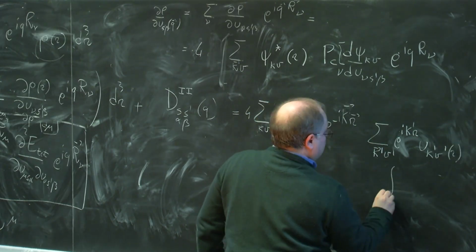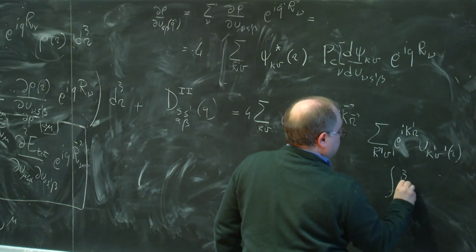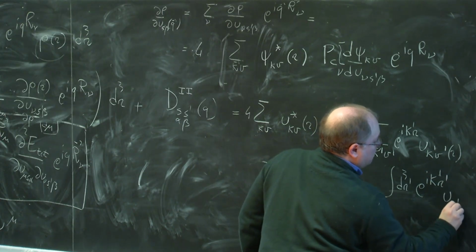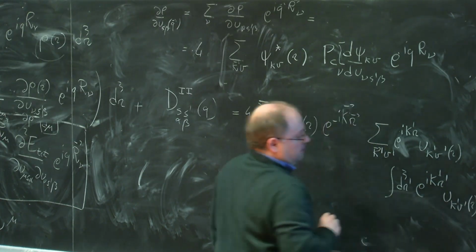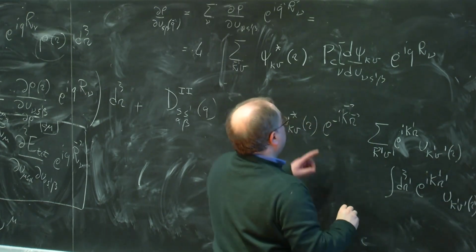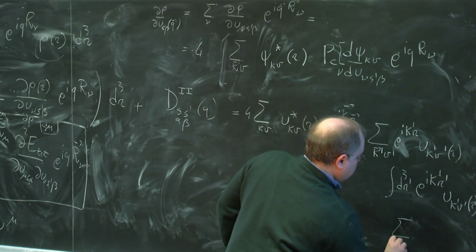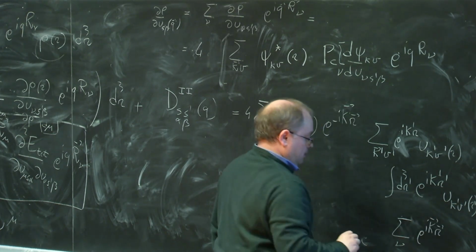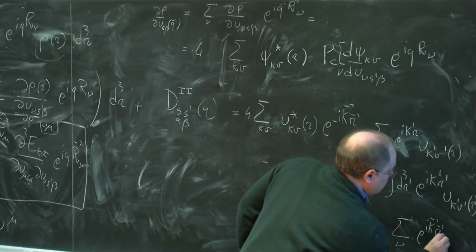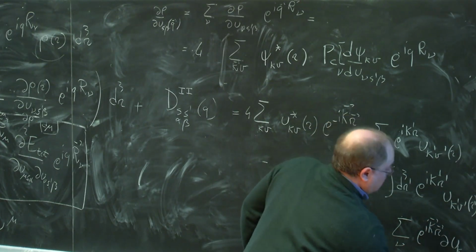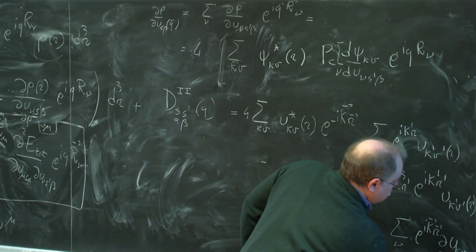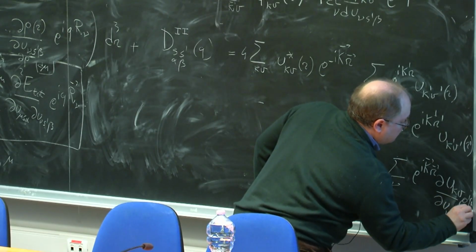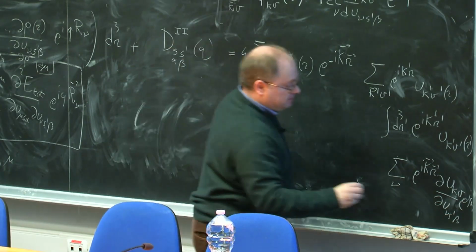And then it is an integral in r prime, e to the i k prime r prime u k prime v prime r prime, integrated with this sum over nu of e to the i k r, derivative of u kv with respect to u nu s prime beta, e to the i q r nu.